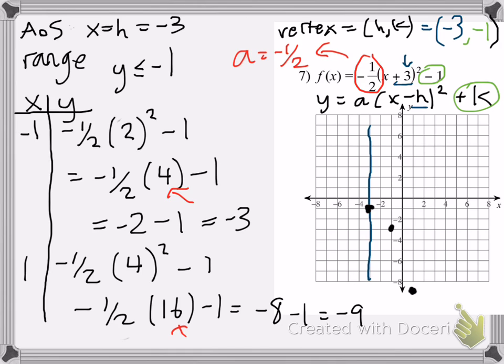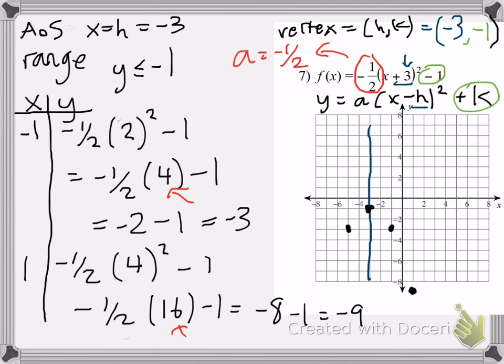And now the last step is I can just use the symmetry to put the points on the other side. So I know that -1 is 2 to the right of my axis of symmetry, so if I go 2 to the left of the axis of symmetry, that's going to put me at -5 on the x side, and then I'll just put the y point the same place, -3.